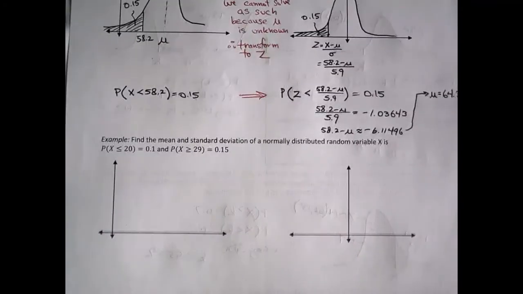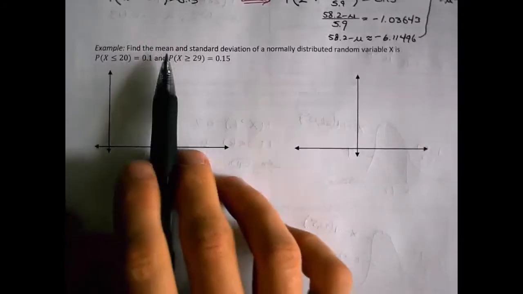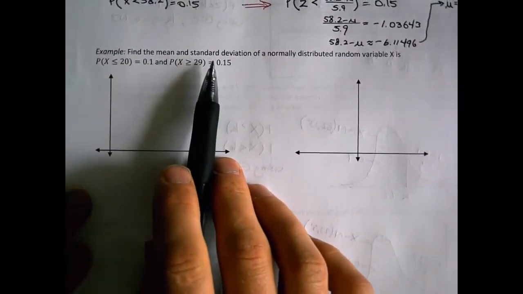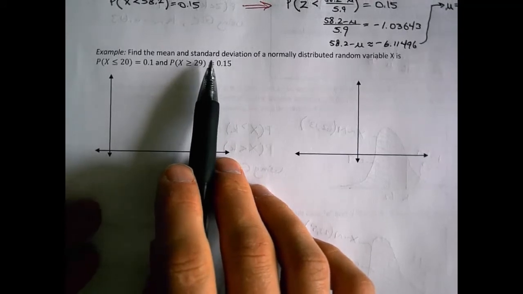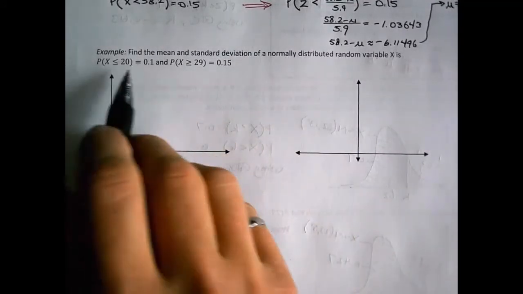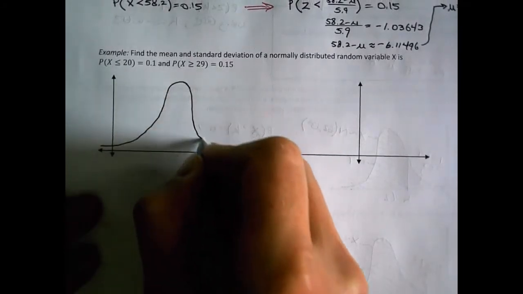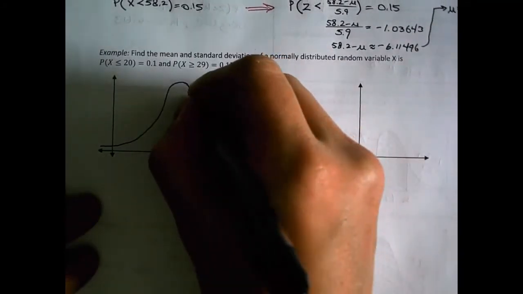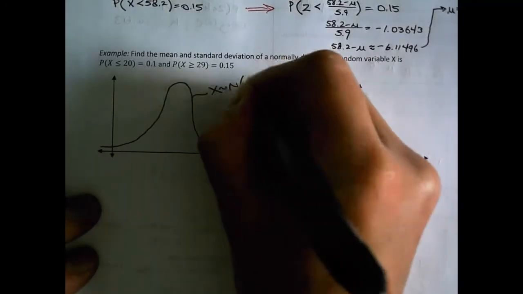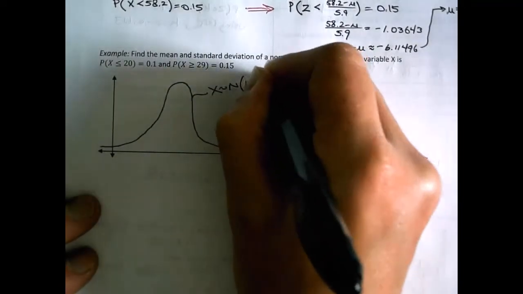And we can get some really tricky questions. This last question, we want to find the mean and the standard deviation. We don't know either of those two things. So the first thing we know is that for this normal distribution where we don't know the mean or the standard deviation, we're going to call it x normal mu sigma squared.